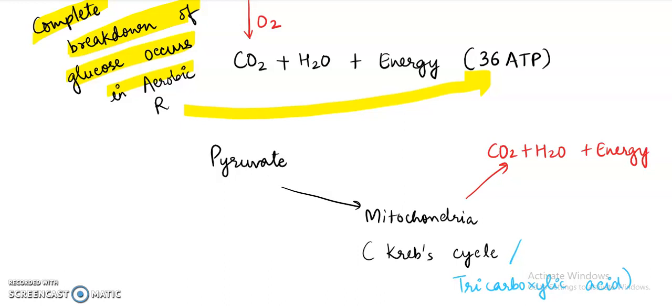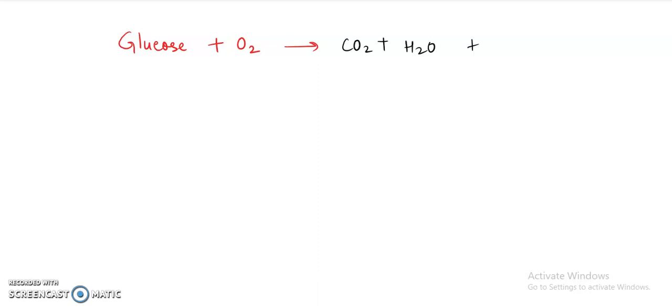So aerobic respiration is one which requires oxygen. We have seen that glucose is uniting with oxygen. Initially pyruvate was formed, but finally glucose was converted to CO2, H2O plus energy.